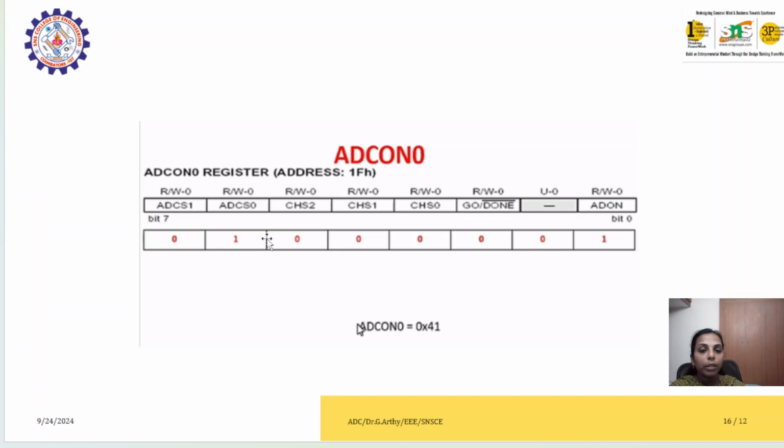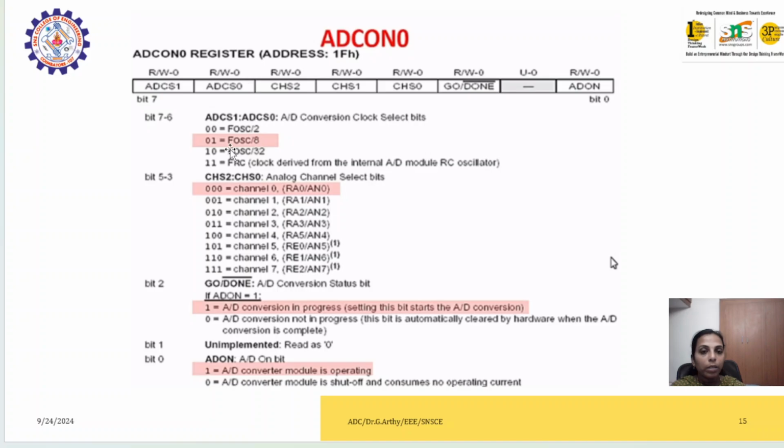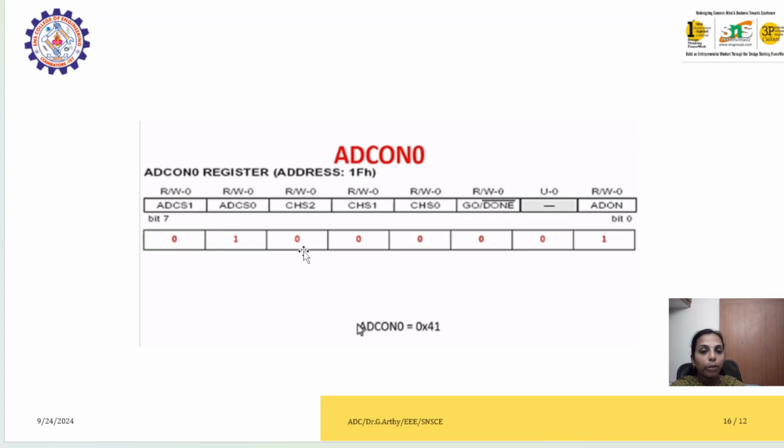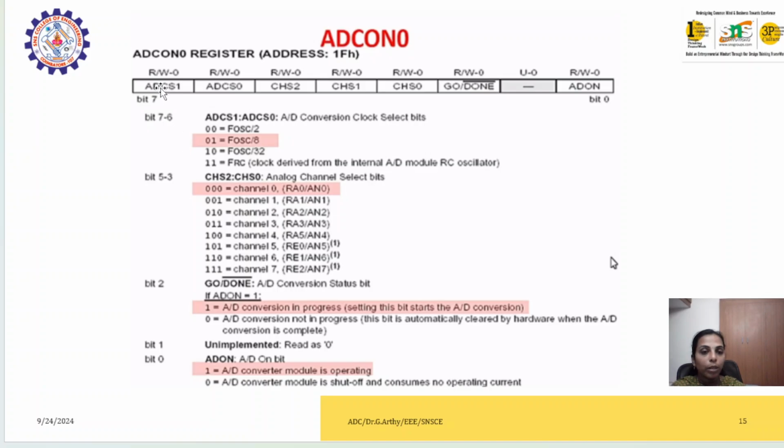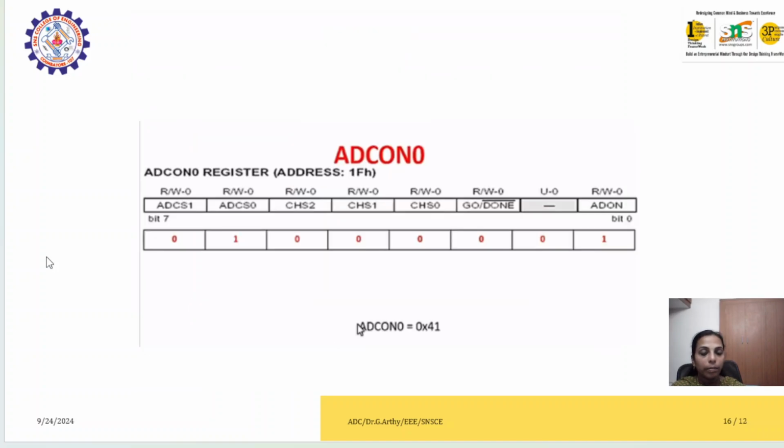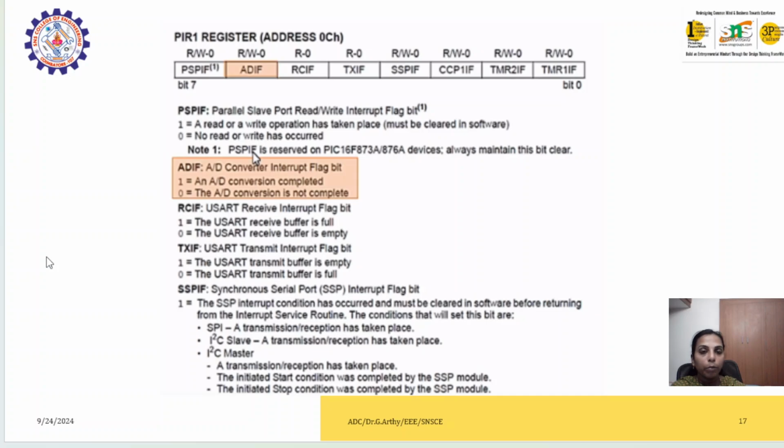For ADCS, if these two bits are 0 and 1, it means the oscillator clock divided by 8 is selected. If bits 3 to 5 are 0, 0, 0, it means analog channel 0 is selected. This is how we perform the operation by varying the ADCON register.